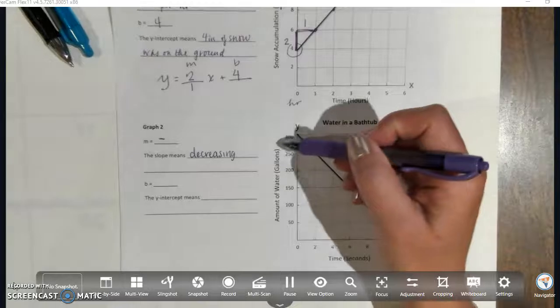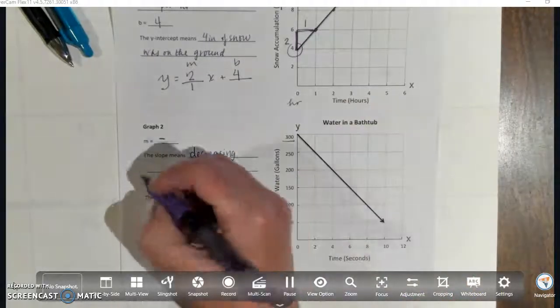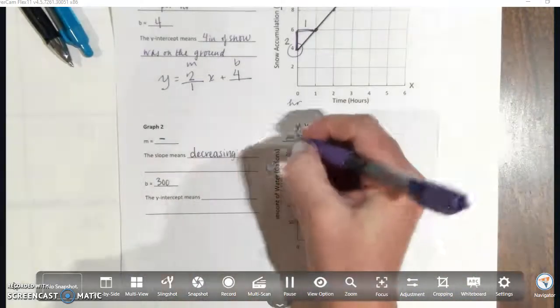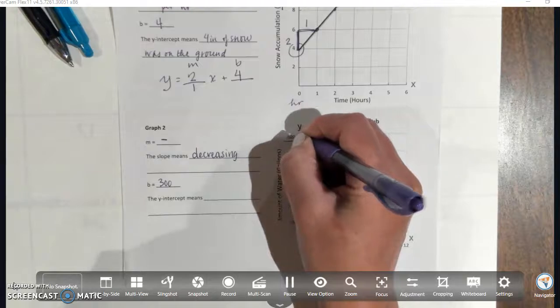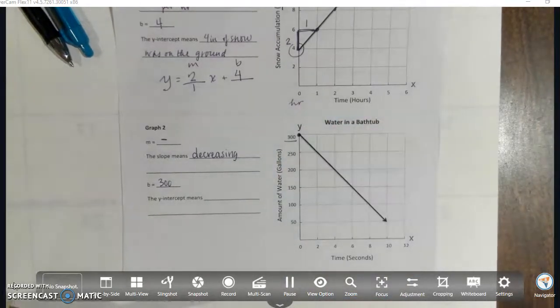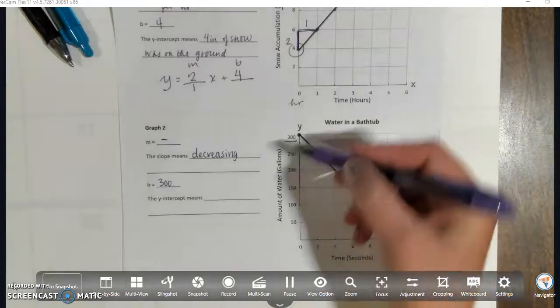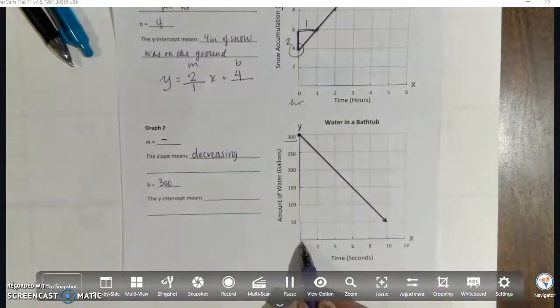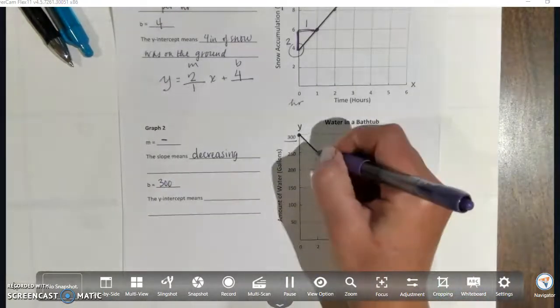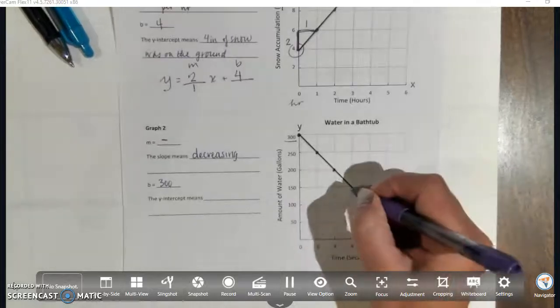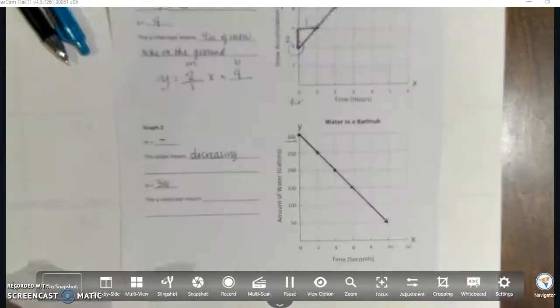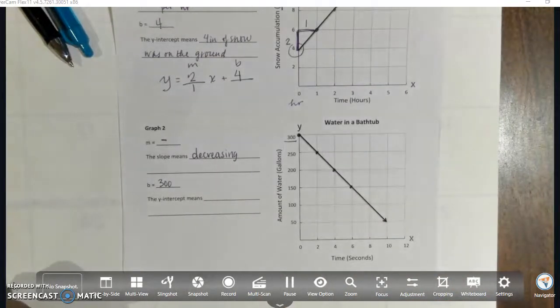It started at 300 gallons. This is the beginning of our graph. We have a very good graph right here because it has a different scale for your x-axis and a different scale for your y-axis. Every 2 seconds they have been timing the change, and we have less and less water.